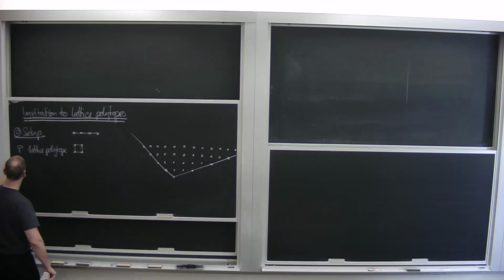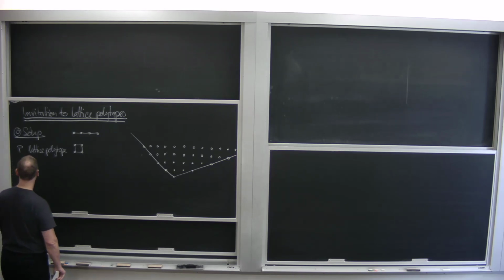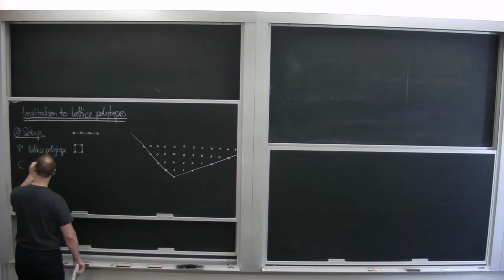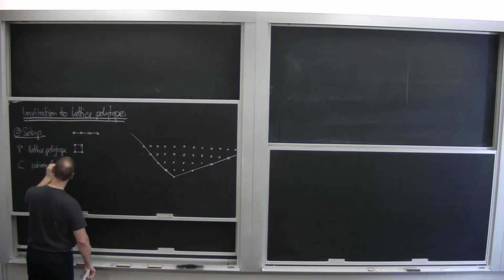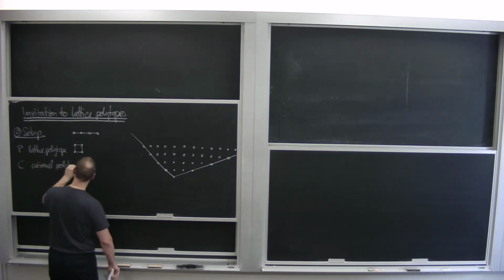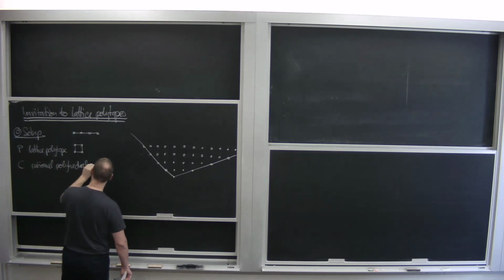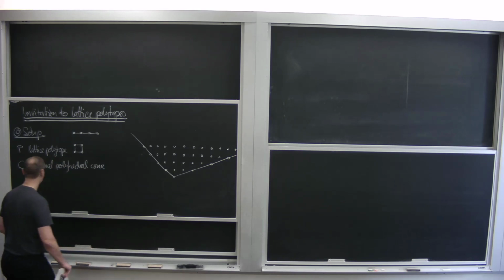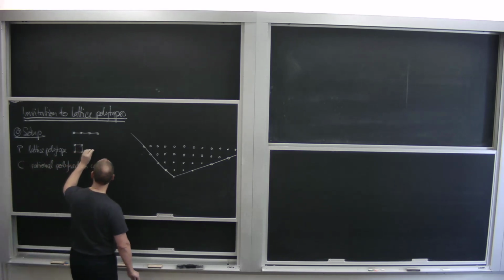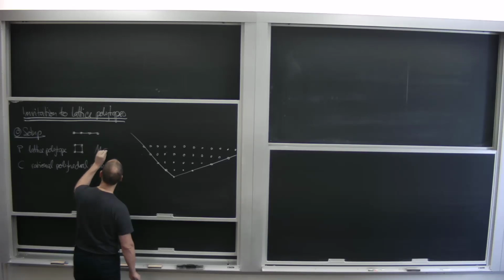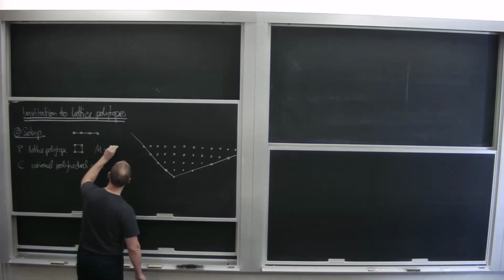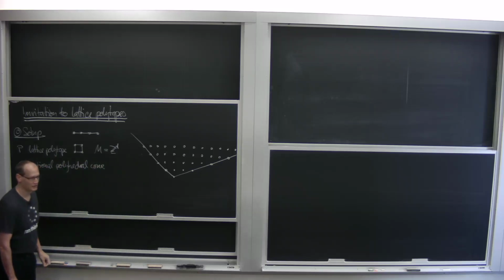The other main player is a rational polyhedral cone. Which means, for us, we work in the lattice M. Often we'll just take Z^d, d is my dimension.